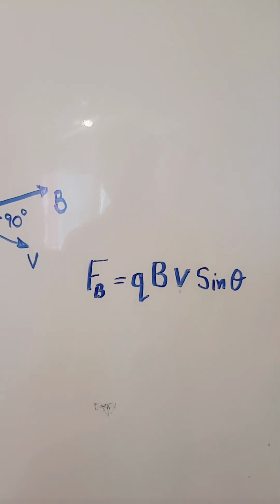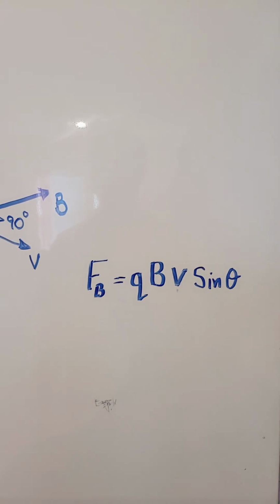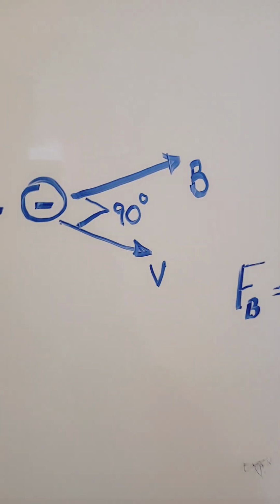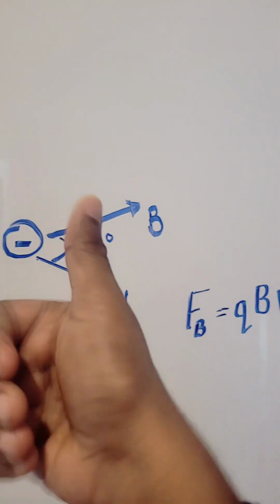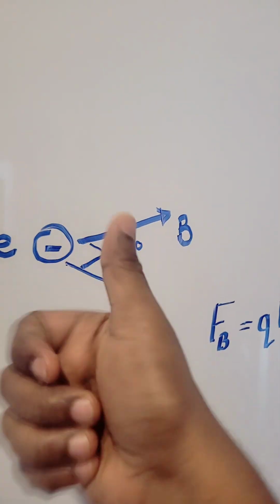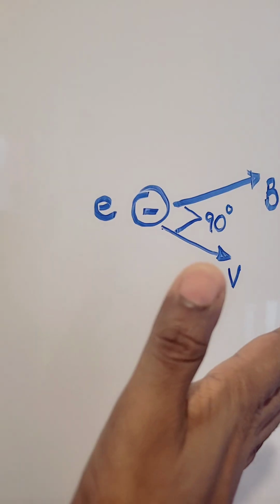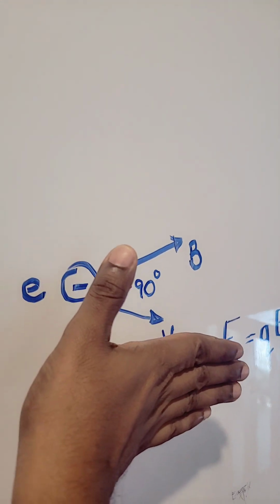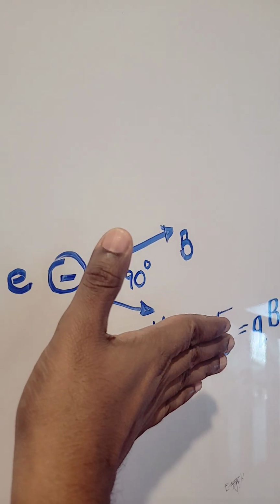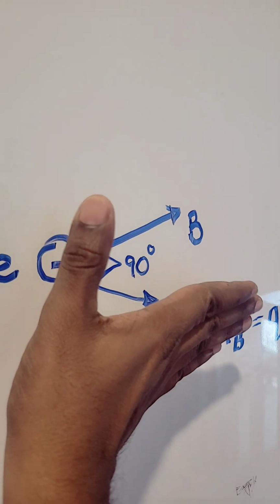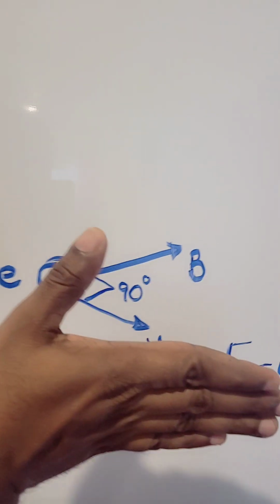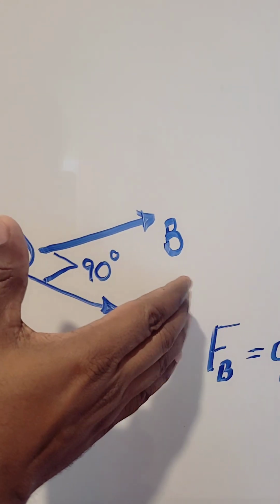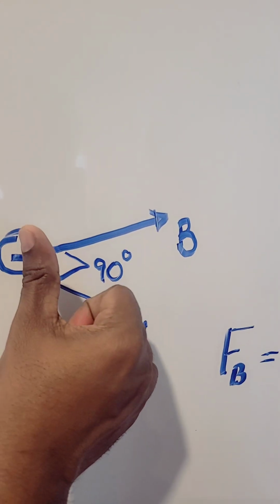But you know that force is a vector quantity. So how do we find the direction? That's where we are going to use our right hand rule. Just align your fingers in the direction of the velocity vector and then turn those fingers towards the magnetic field. Then look at the direction of your thumb.